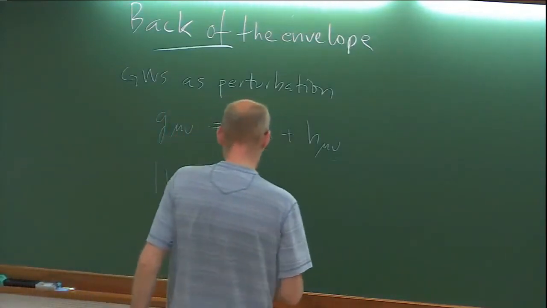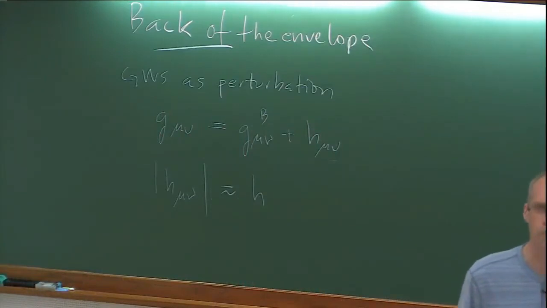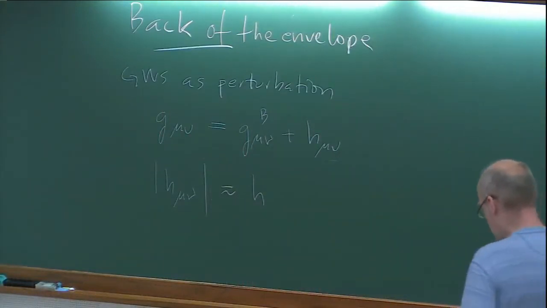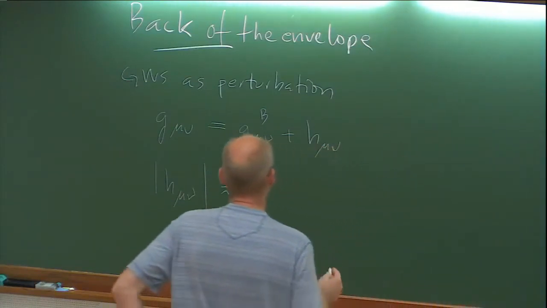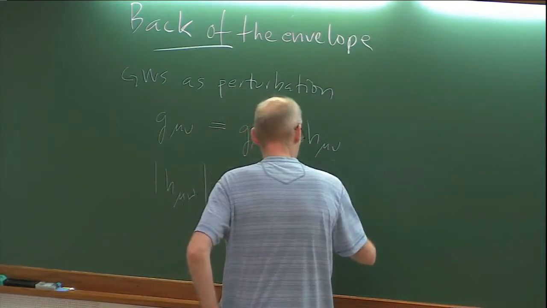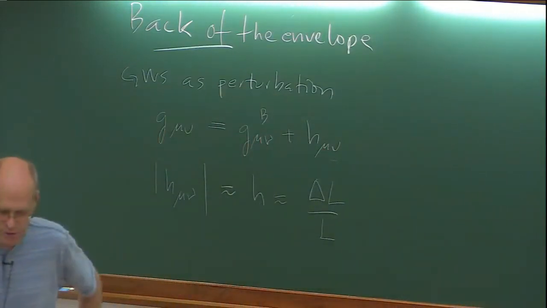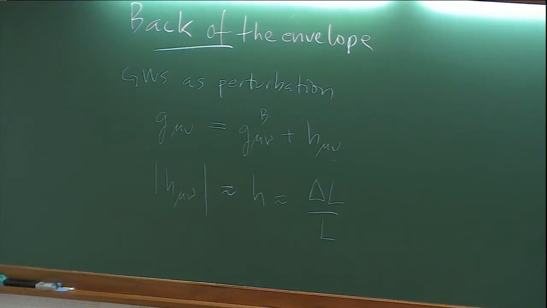What you can do is write down something which is true for pretty much any radiation. But first of all, let's write what we expect this h to do: stretch an object of size L by a distance ΔL.